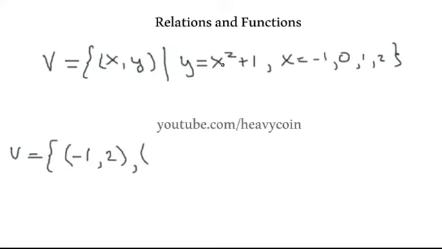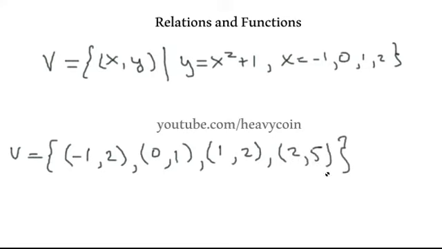Plug 0 in, 0 squared plus 1 is 1. So we plugged 0 in and we got 1 out. Plugging 1 in, 1 squared plus 1 is 2. So we plugged 1 in and we got 2 out. And last one, plug 2 in, 2 squared is 4, and 4 plus 1 is 5. So 2 and 5.